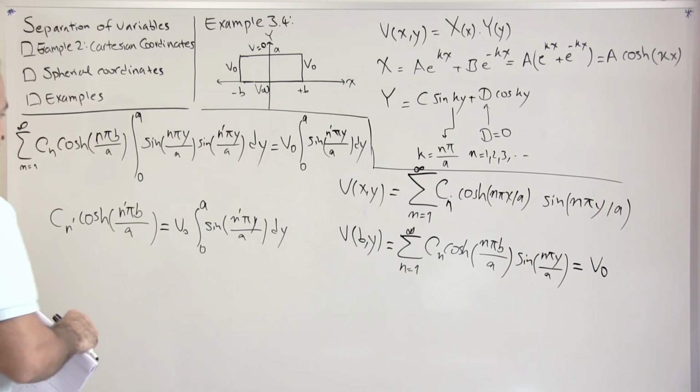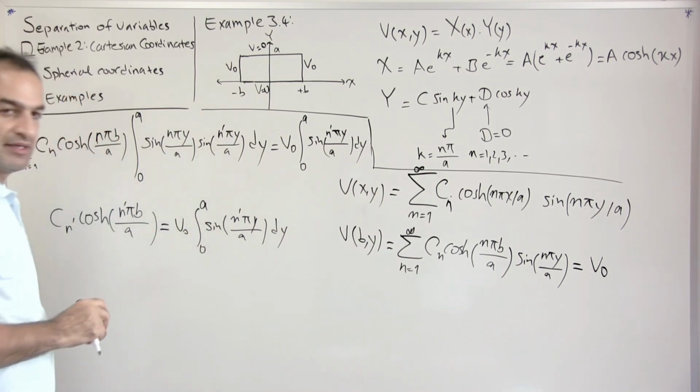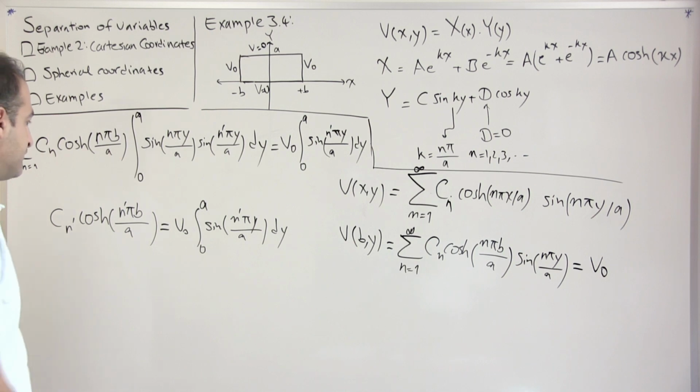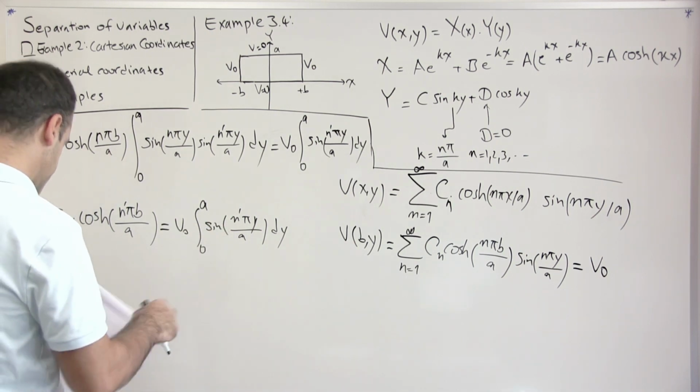Okay, so this integral again for the even values of n prime becomes 0, but for odd values of n prime is non-zero.